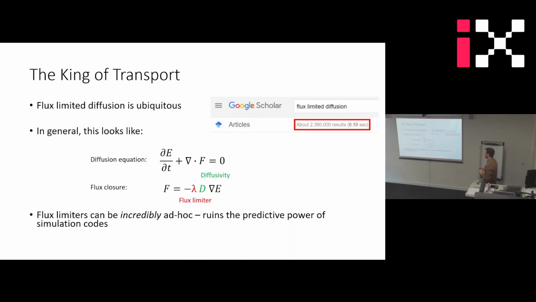So this flux limiter is really ad hoc. People pick values for it, pick functional dependence for it, and it's not necessarily physically motivated. It's just, the flux has got too big, stop. So if we could learn a better flux limiter, that would really improve how we can solve these equations.